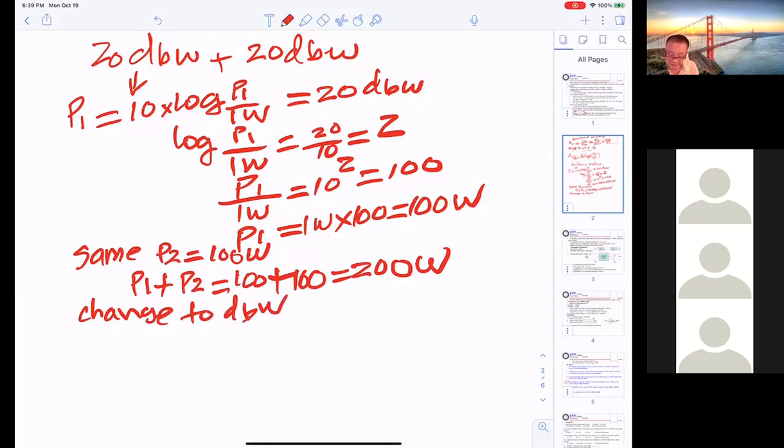So dB watt equals 10 log of P1 plus P2, which means 200, over 1 watt.